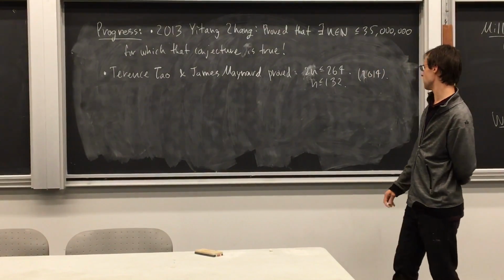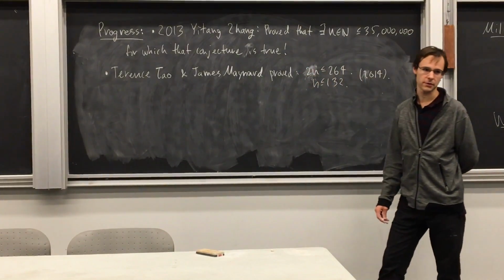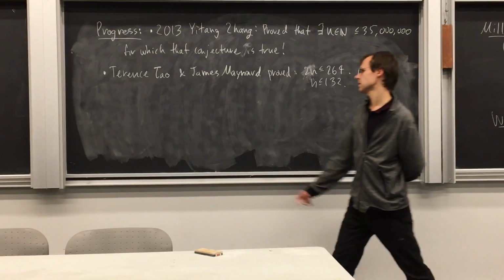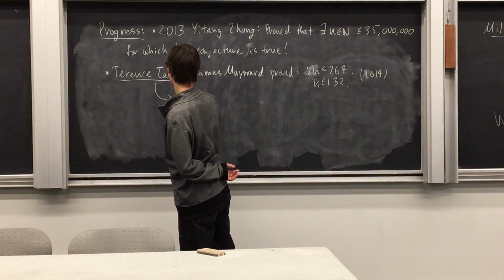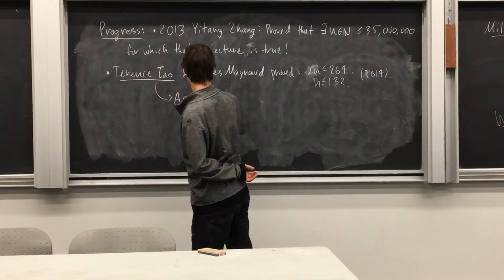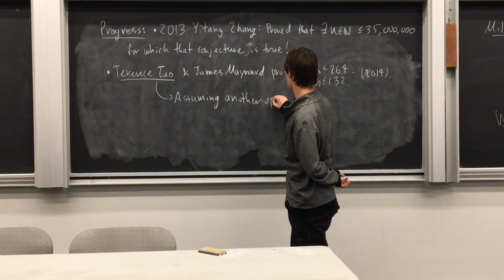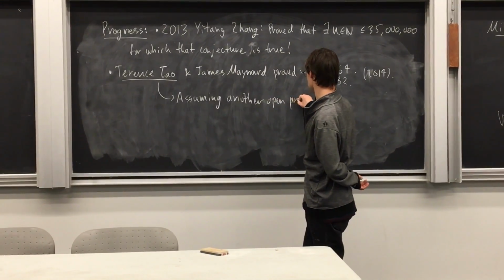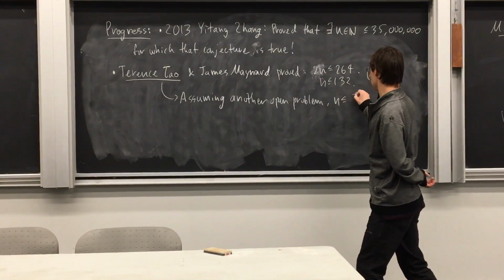In a couple years' time, or maybe in a year's time or so, assuming another unproven conjecture, this guy over here reduced the bound to 3. Assuming another open problem, which mathematicians think is true, n has been reduced to 3.